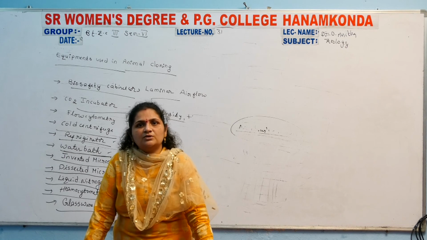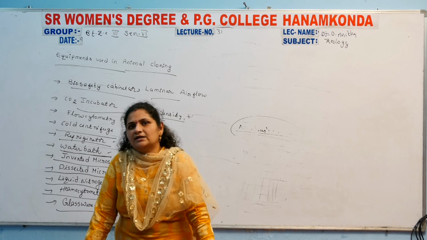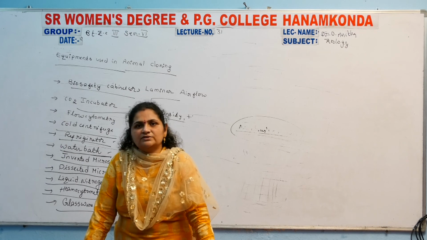Those stem cells are collected and inserted into a person who is suffering from a particular disease, like diabetes. A diabetic person suffers mainly from dysfunction of the pancreatic gland. So stem cells are collected from the pancreatic gland or from the embryo, and inserted into the person suffering from diabetes mellitus.